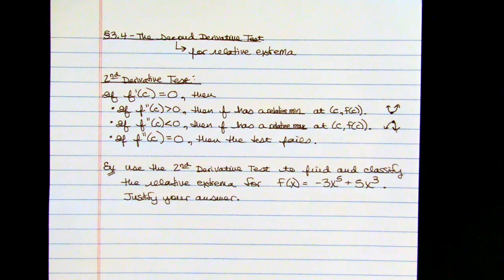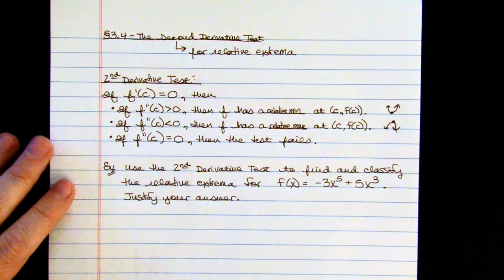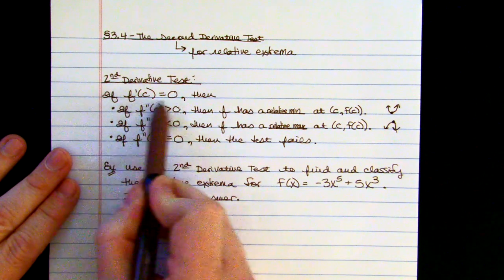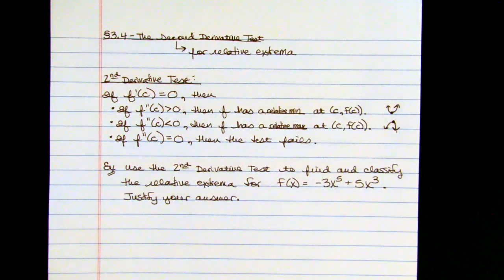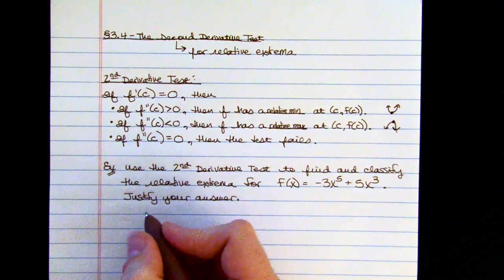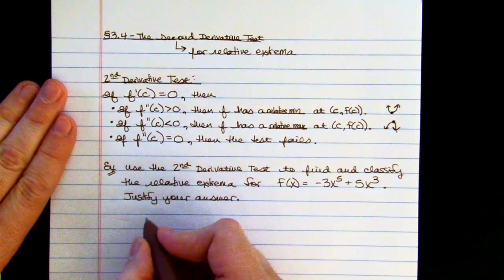Okay, well, if we're doing this according to our second derivative test, we first have to find places where the first derivative equals 0. Take a moment, get your first derivative. Okay, so let's see here.